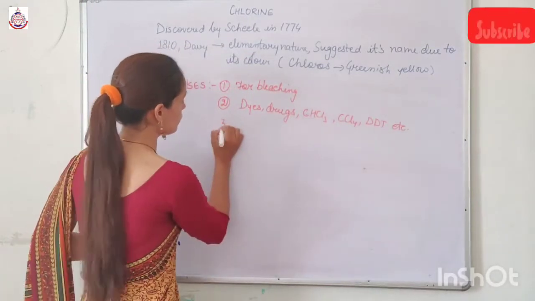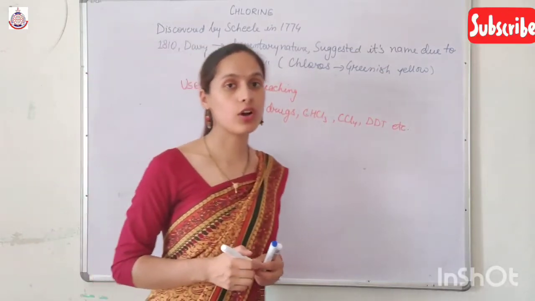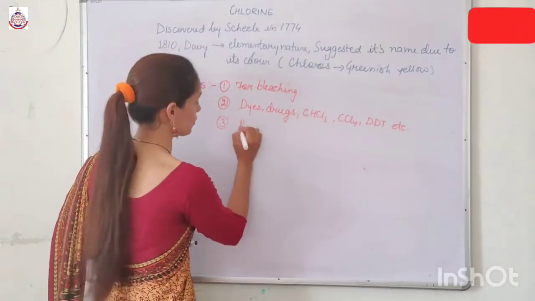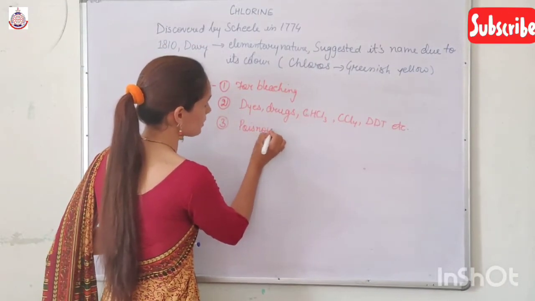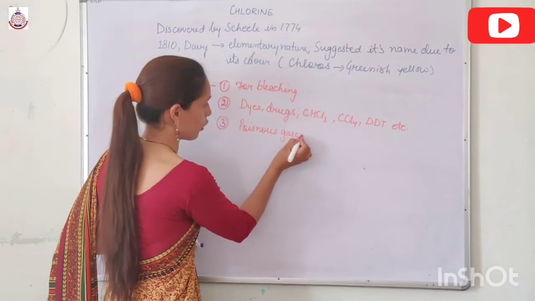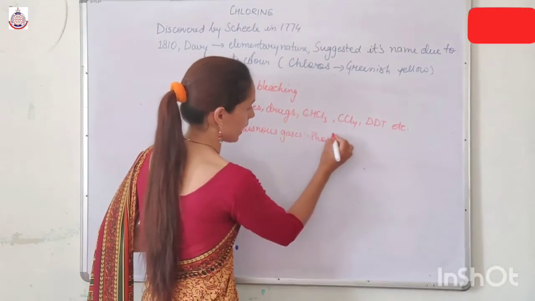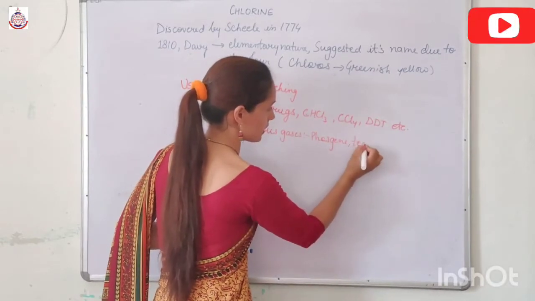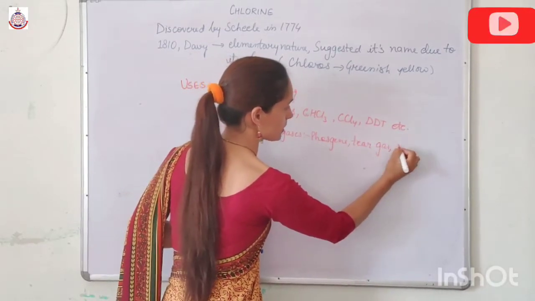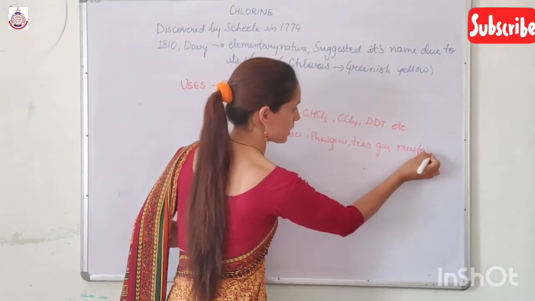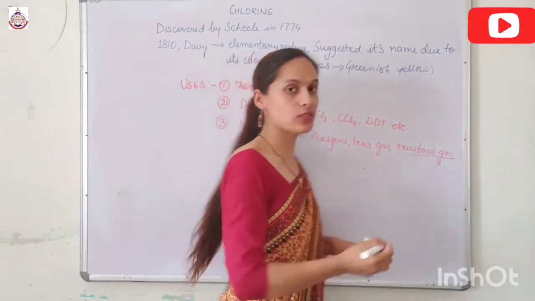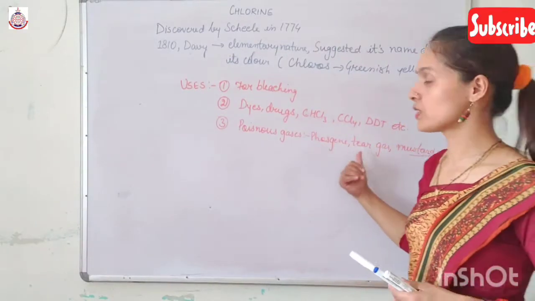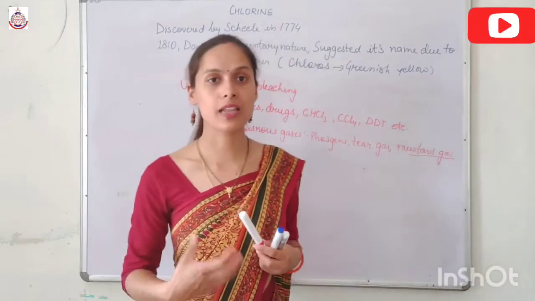Next, it is used in the preparation of many poisonous gases like phosgene, tear gas, and mustard gas, and this mustard gas was used by Germans in World War I. This mustard gas is a highly poisonous gas.